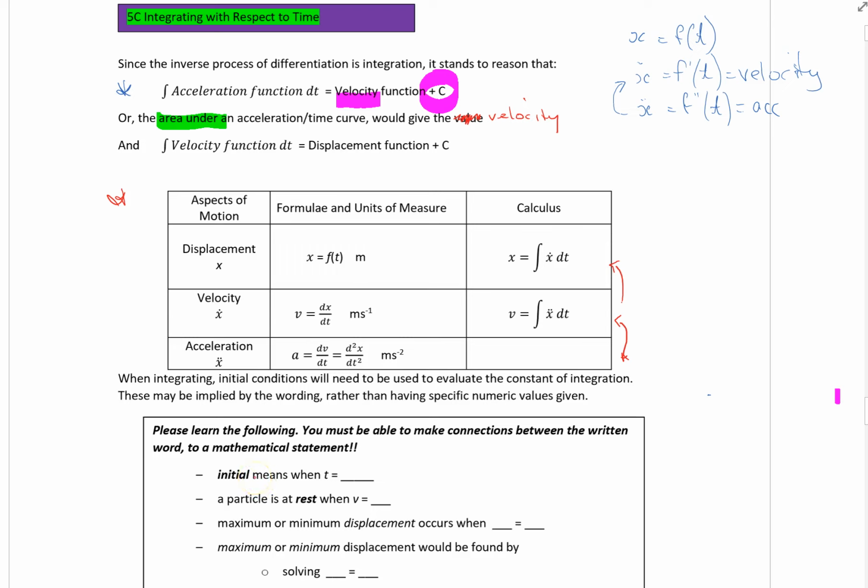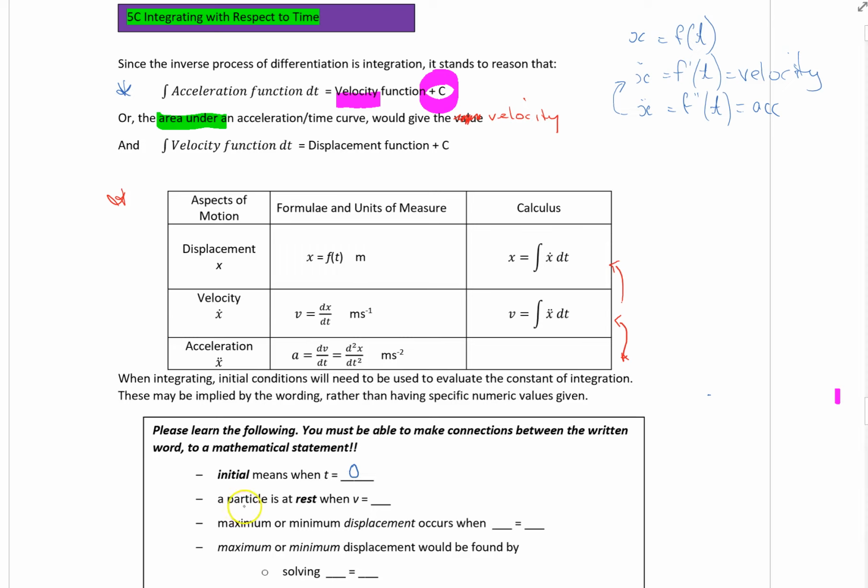We'd need to be told that. The only conclusion we can make from initially is that t is equal to 0. T is equal to 0 is the only assumption you can make. You might be told, as part of the question, that velocity is also equal to 0, that the particle was at rest at the beginning, or was at rest initially, but initially on its own just means time is 0.